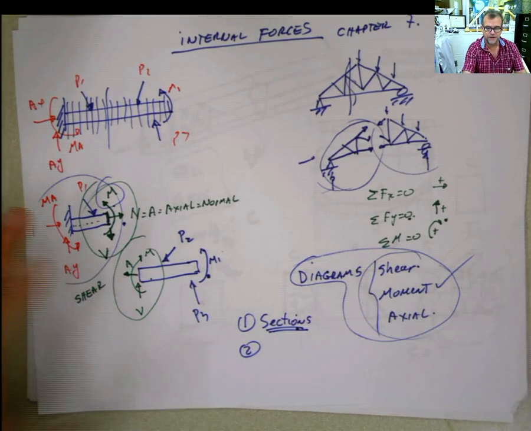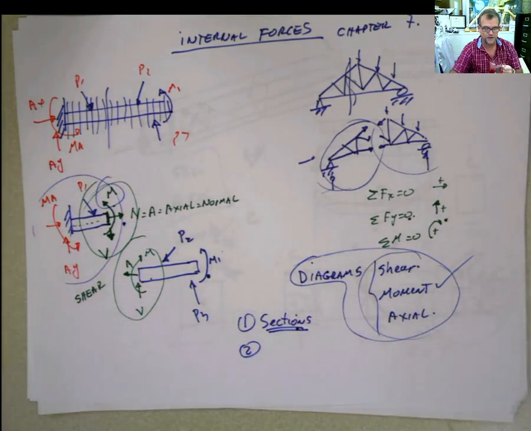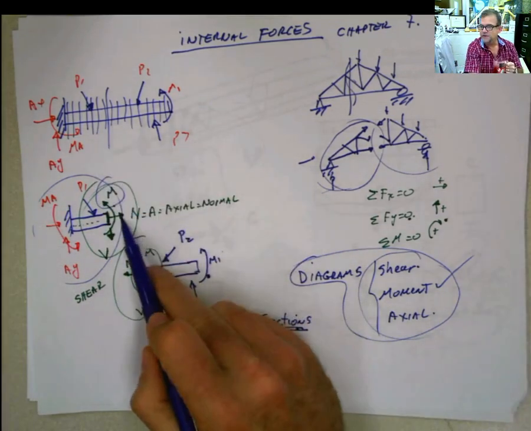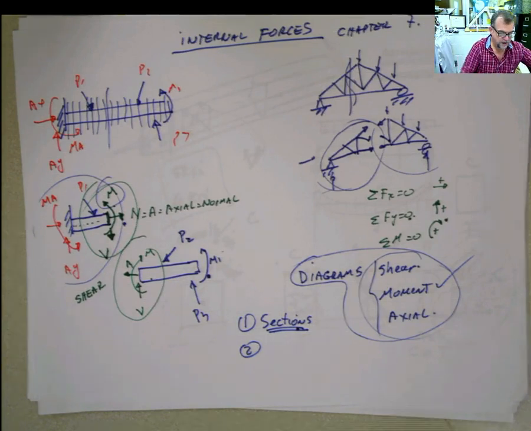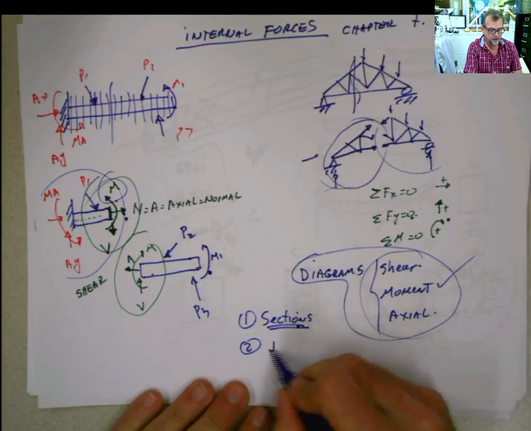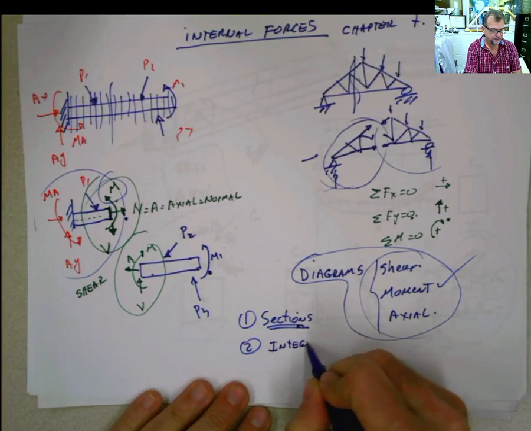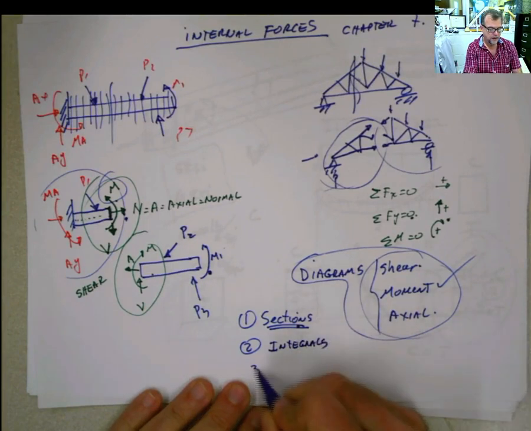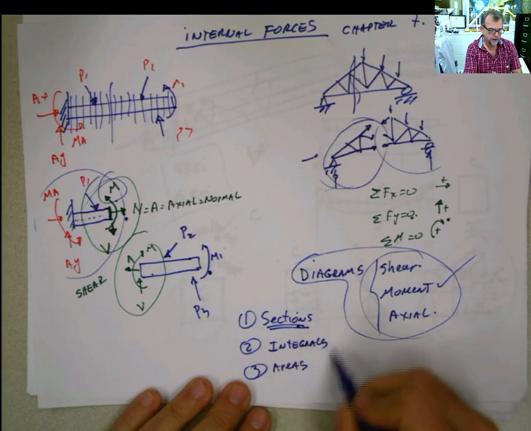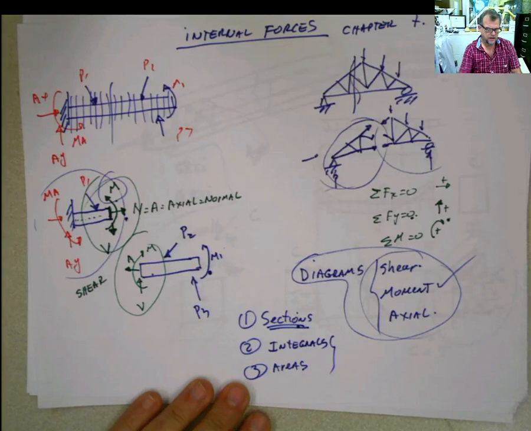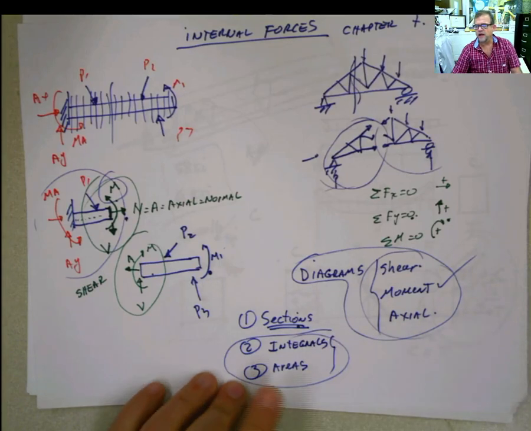It is doing sections, like we did, and doing summation of forces in x, y, and a moment at every point in every section that you need. Then you have another method, which is the method of the integrals. And you have another method, which is called the method of the areas. These two are very interrelated. But we will do this later, and I will explain this later to you.